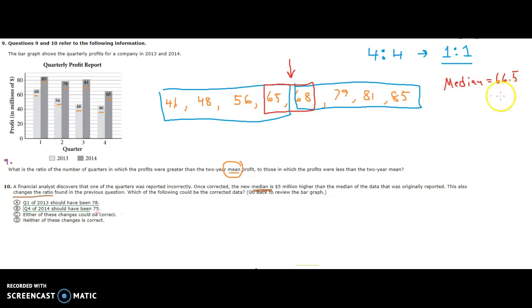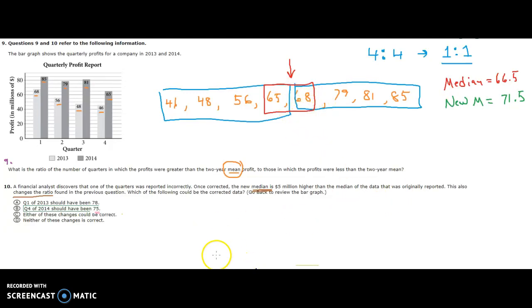Then it's asking, what if that was wrong, and it was actually 5 million higher? So the corrected new median is supposed to be 5 million higher, which would be 71.5. The middle number, instead of 66.5, should be 71.5.